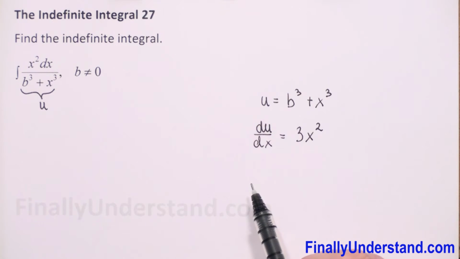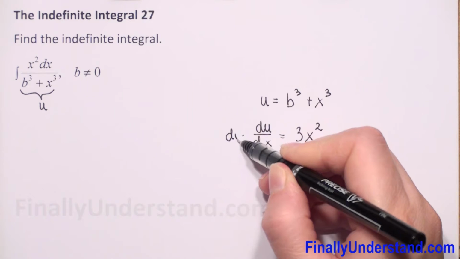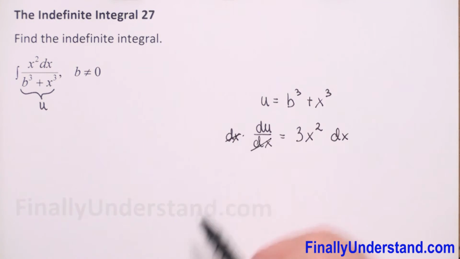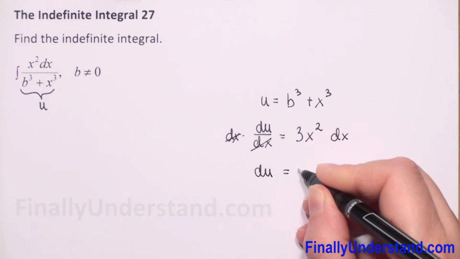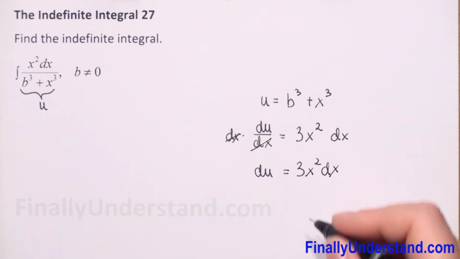Now we have to find du. So we will multiply both sides by dx. So dx and dx we can reduce, and we have du is equal to 3x squared dx.